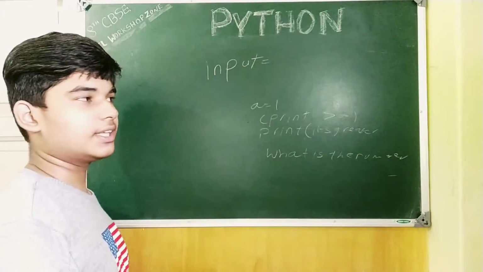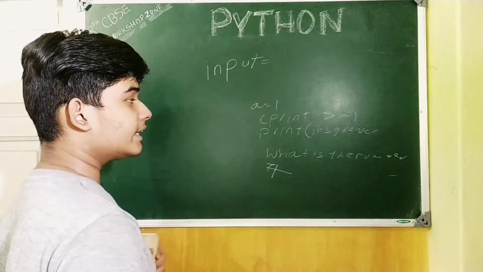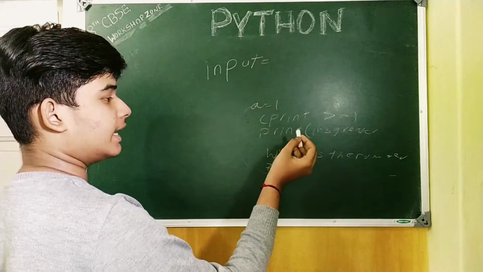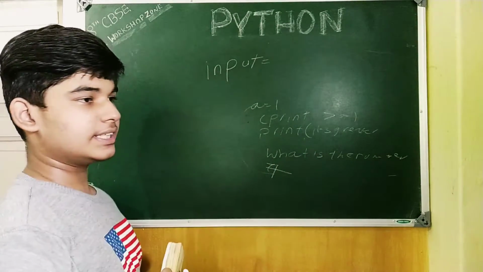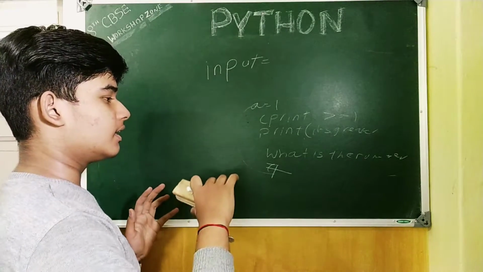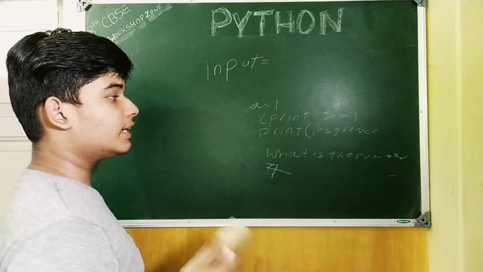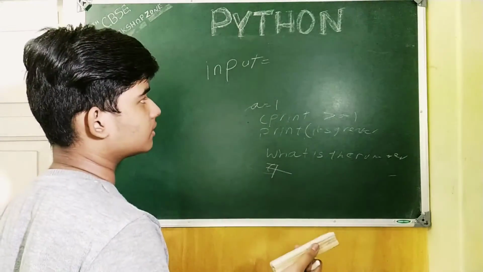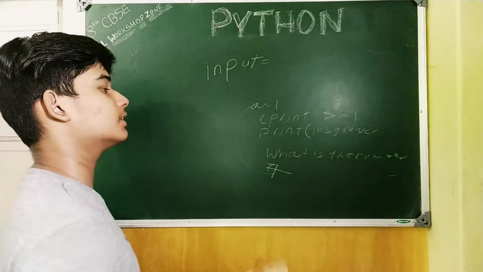Imagine during that time you type some random number like 7, and then it compares 7 to this value, checks if it's correct or not, and prints it. So a scanner is basically giving the instruction during the runtime process itself. That is how input or scanner works.